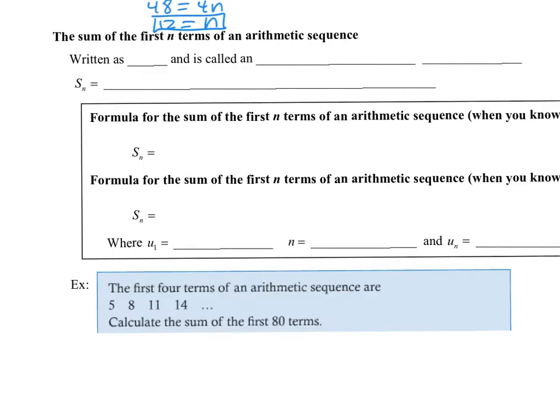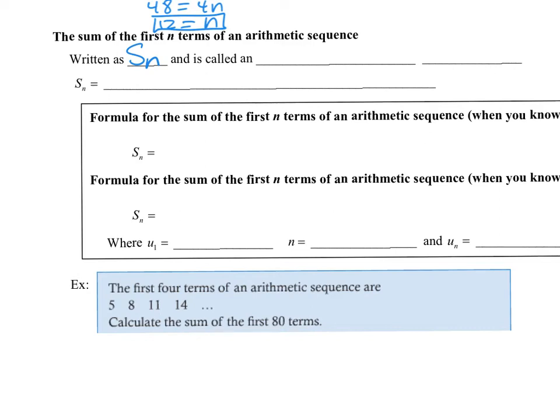Okay, the second thing we're going to talk about today is the sum of the first n terms of an arithmetic sequence. First of all, the sum of the first n terms we write as capital S sub n. The capital S stands for sum, and the subscript n is the number of terms.